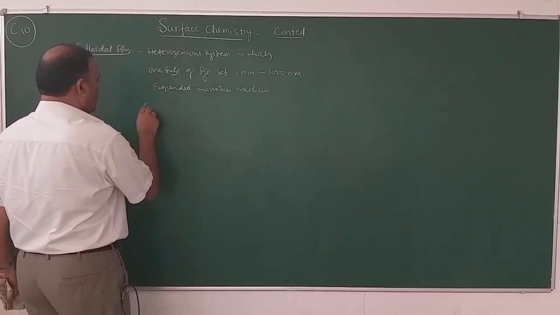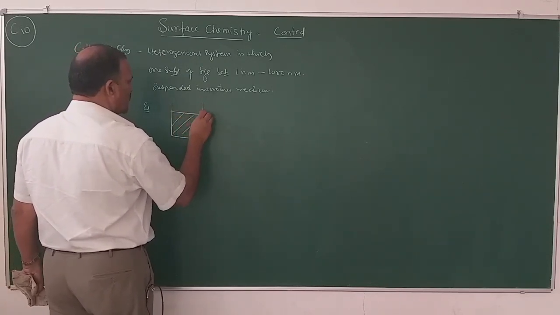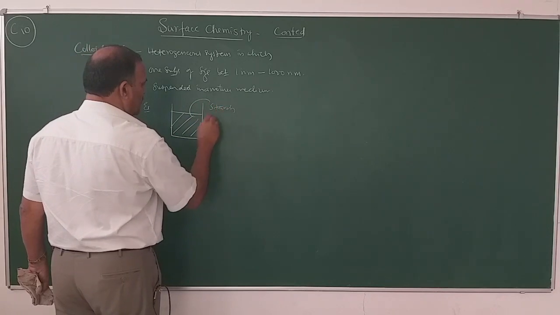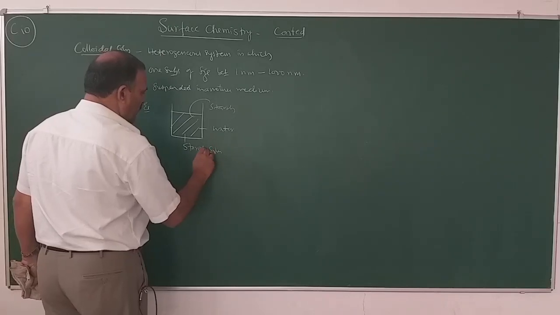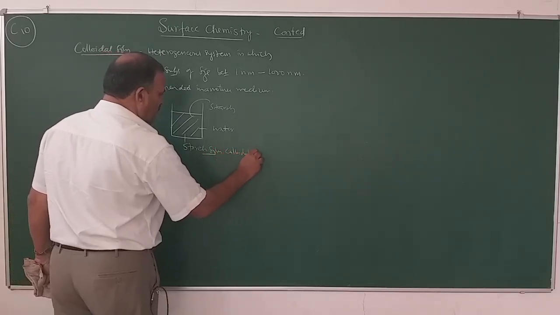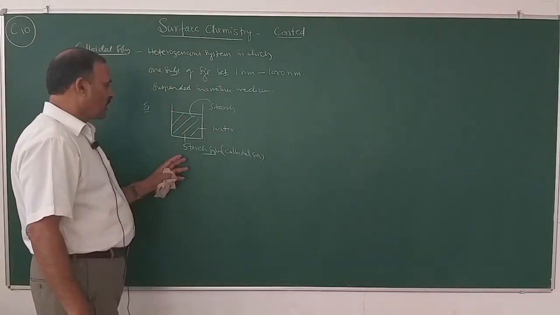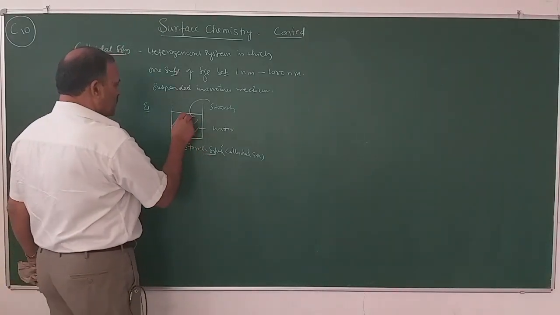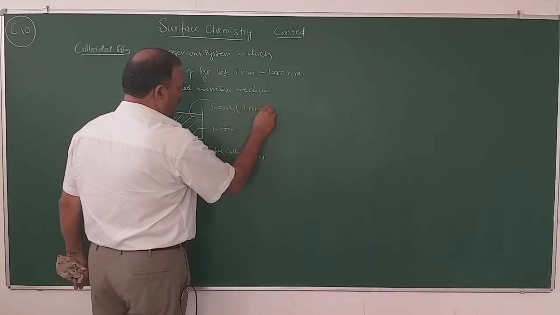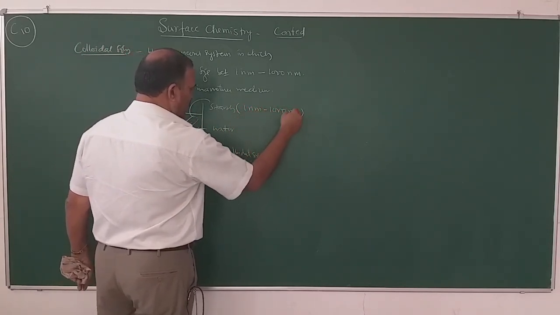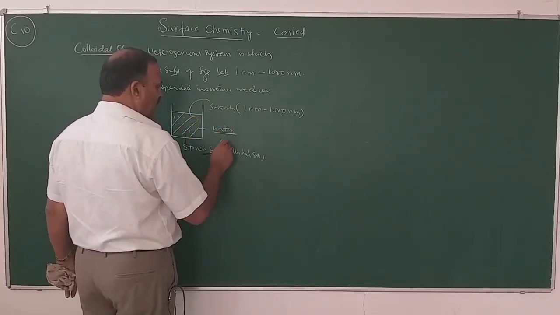For example, when starch is dissolved in water, you will get a starch solution, which is a colloidal solution. Similarly, when gum particles are dissolved in water, we will get a gum solution. Here the starch particles are of size between 1 nanometer and 1000 nanometer, and these particles are distributed in another medium, namely water.